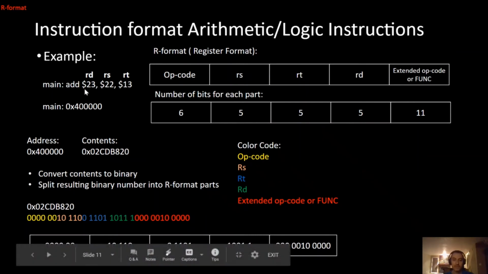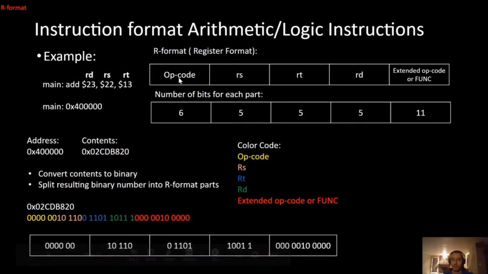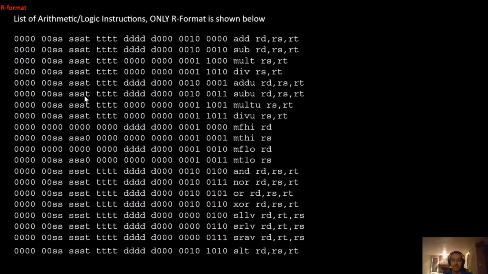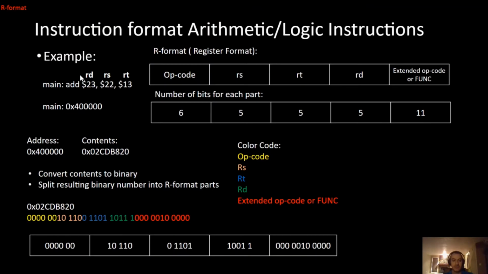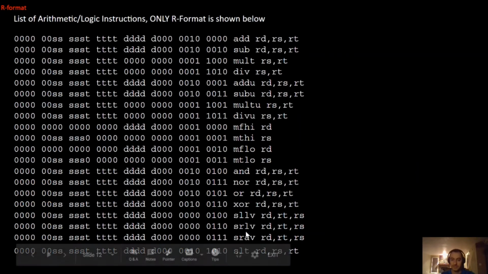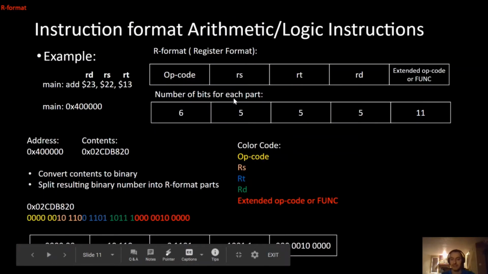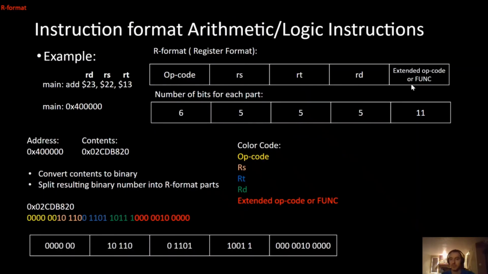For each instruction, the opcode, or operation code, and the extended operation code depend on the instruction. There is a table on the slides that you can look up. Here we are dealing with the add, and the table gives you that pattern. It's the same pattern we have here, but the opcode and extended opcode are filled in.